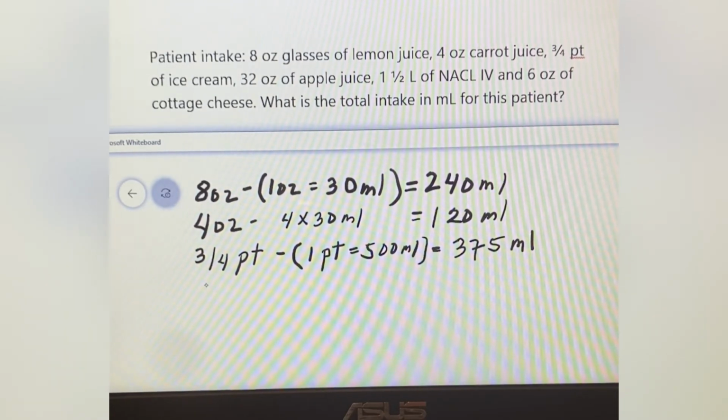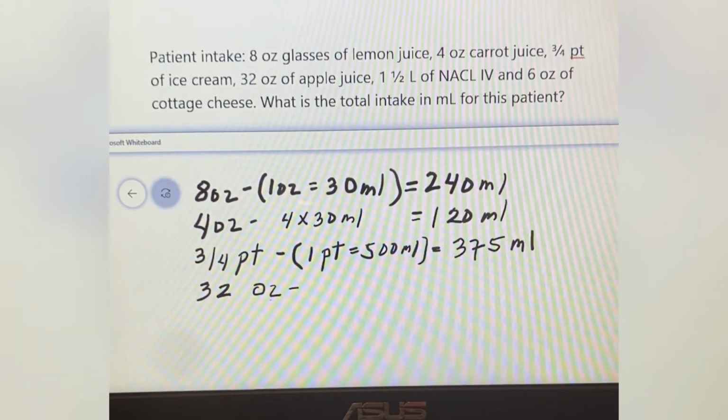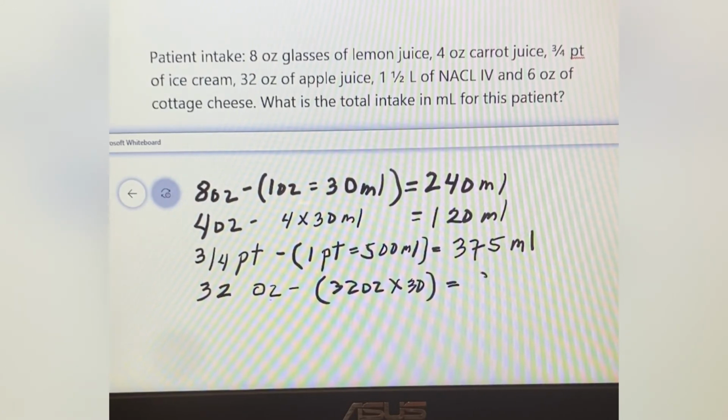Next is 32 ounces of apple juice. 1 ounce is equal to 30 ml. 32 ounces times 30 ml is equal to 960.